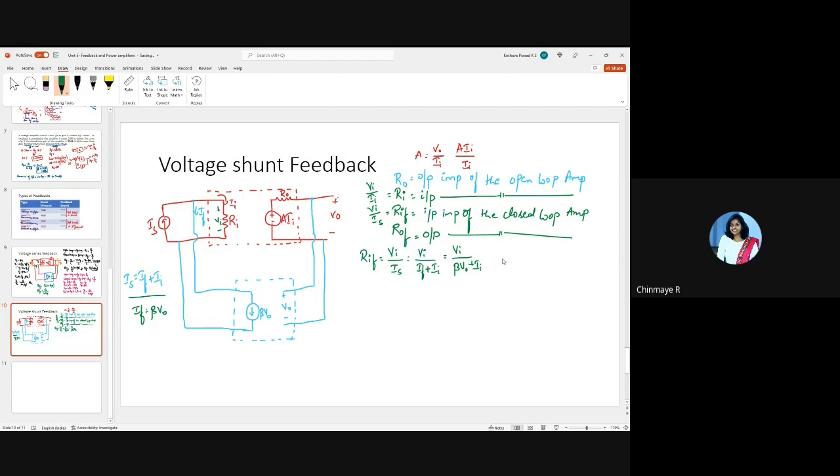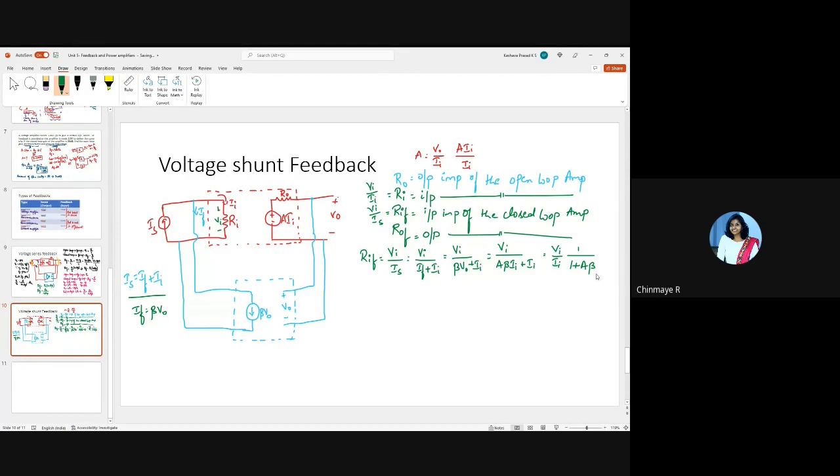But what is V naught? V naught here is nothing but A times Ii. Correct? So this I can further write as Vi by A beta times Ii plus Ii. Now let's take Ii common.